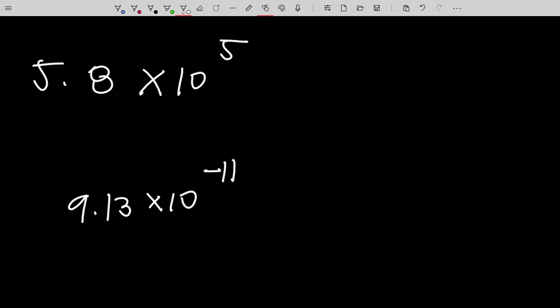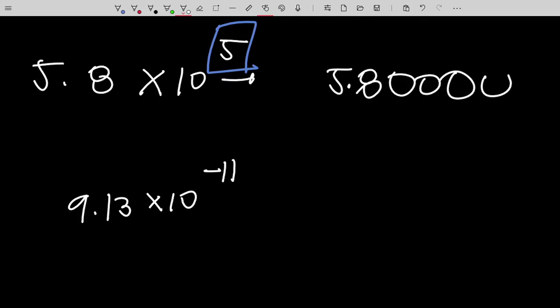First thing to do is to include the x value, which is your 5.8. Next, know how many times the decimal is moved. We know the decimal is moved 5 times. The next thing to do is to include the zeros for those 5 moves. So we have 5 zeros: 1, 2, 3, 4, 5.